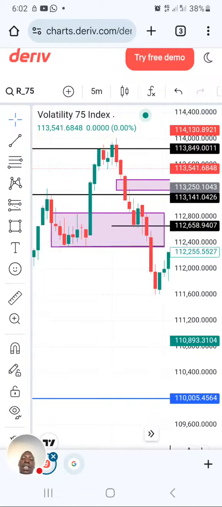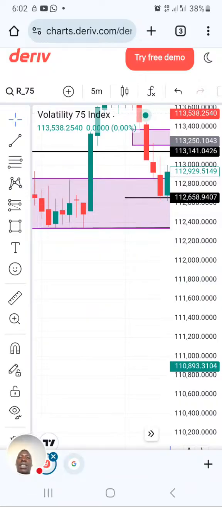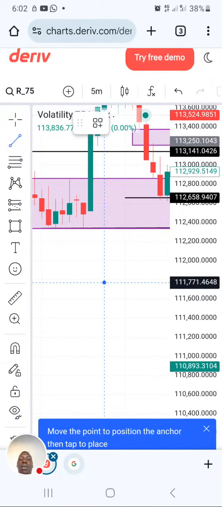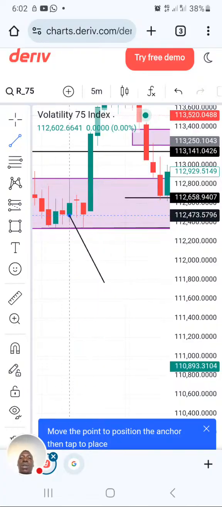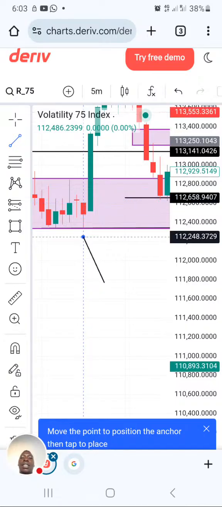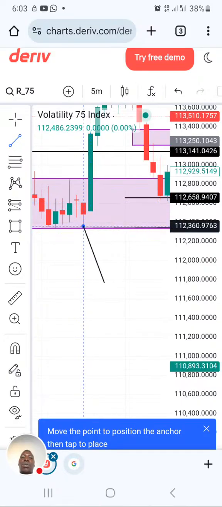After breaking it, if we try to identify the order block inside of this range, we can see that the market started from this area. The last selling candle, this is the order block. This is the ready candle.